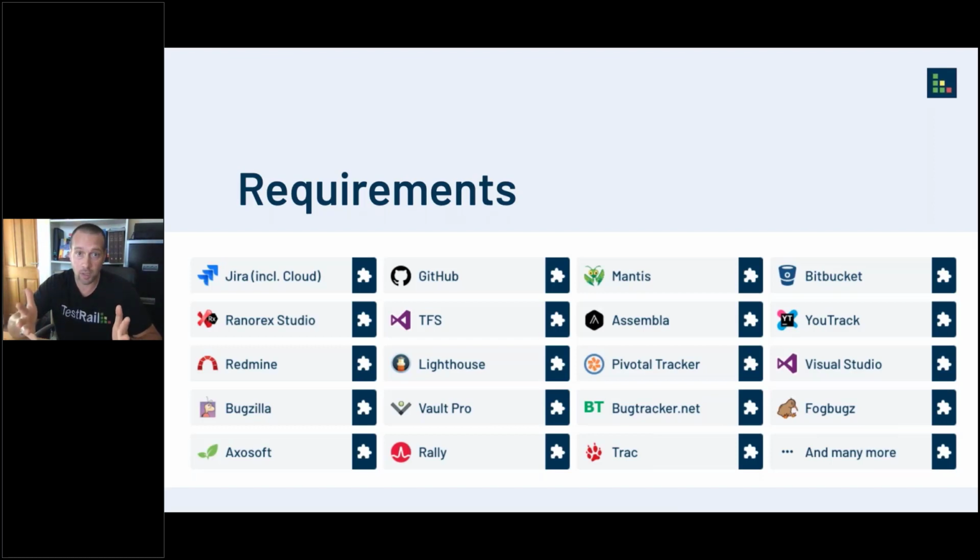How those requirements are themselves organized into deliverables, milestones, releases, sprints, iterations, can also help to inform how you organize and subsequently report on your testing activities and the results of those activities in TestRail, namely through the use of test cases, test runs, test plans, and milestones.